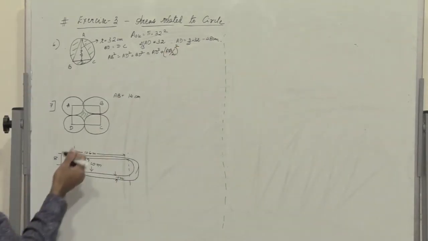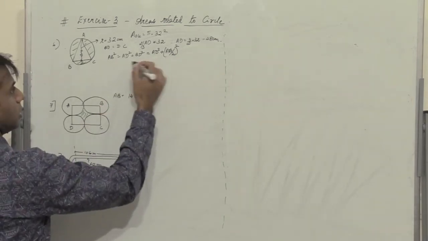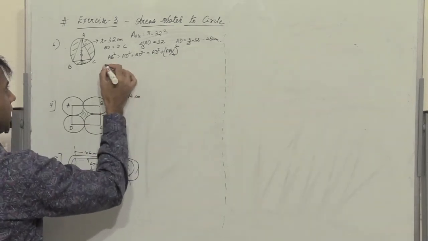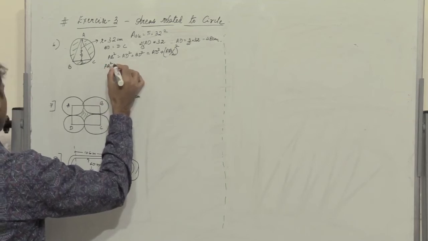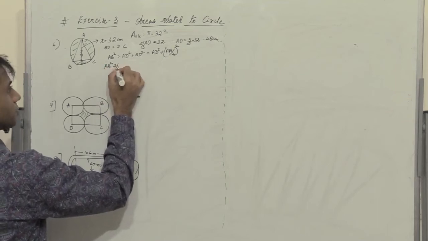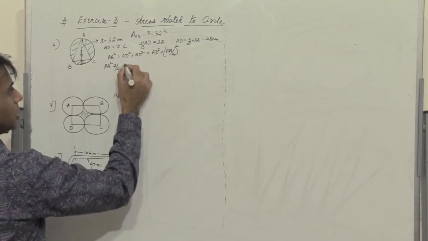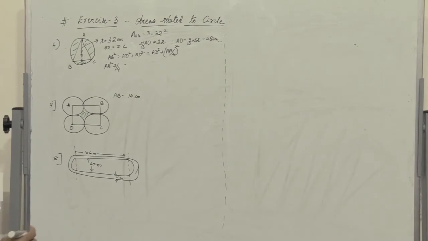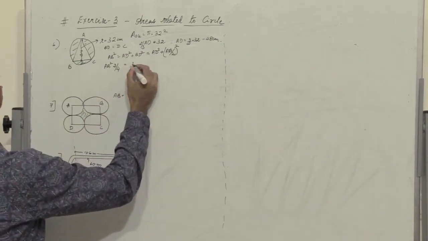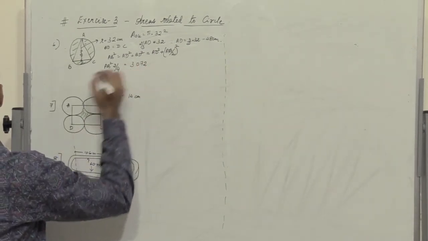Right? So therefore we have, I bring this to LHS, so we get AD square into 3/4, because this becomes 1/4, equals AD square. So AD is 48, the square of that, which is 3072.